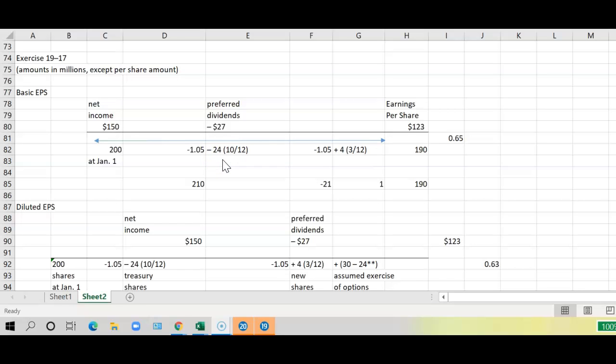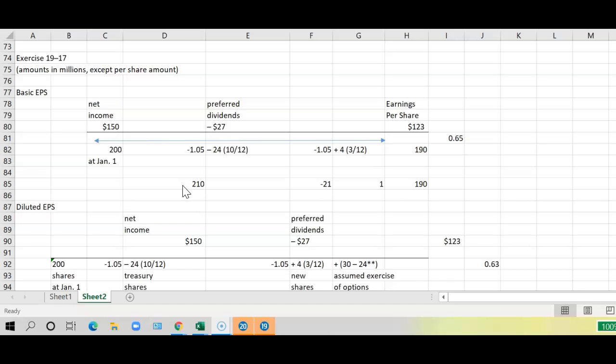So, since we know there was a stock dividend on July 1st, we go back to the beginning of the year, and we recalculate the number of shares outstanding and the weighted average of shares outstanding, including the 5% dividend. So this would be 200 million times 1.05. So we would have 210 million shares outstanding at the beginning of the year.